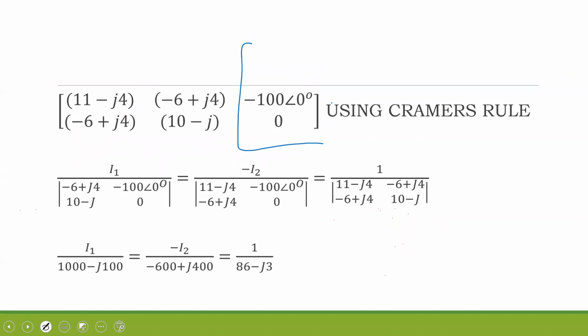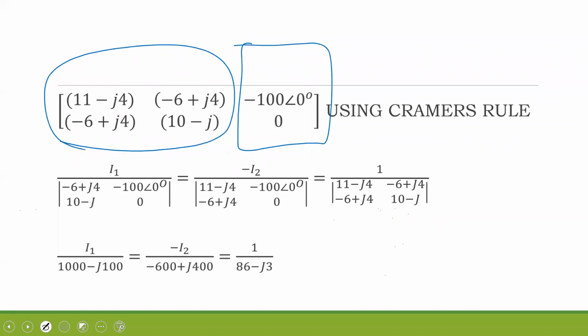We block out this column, and we have the determinant of the other elements. And then from this would be a constant. So we'd have these values from which would give us I1 and I2.